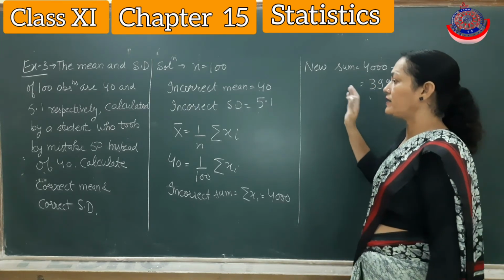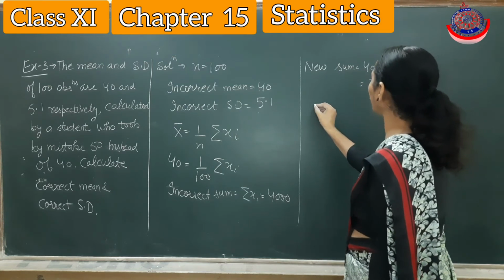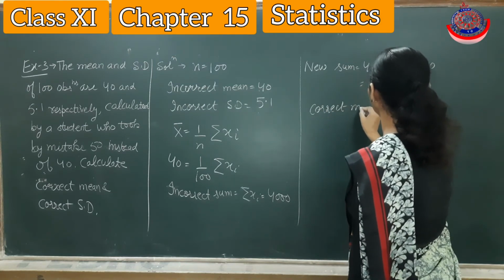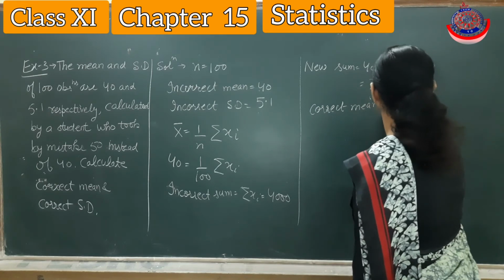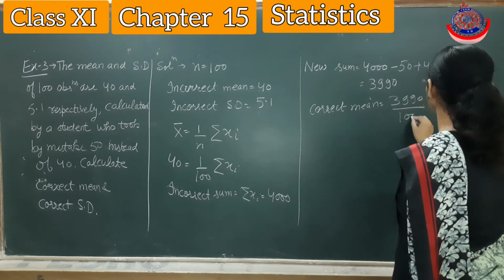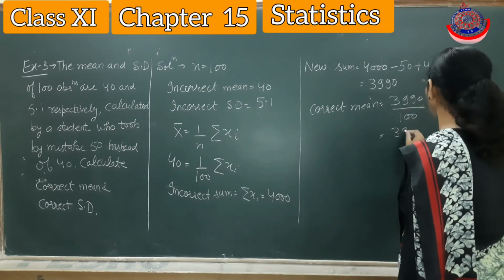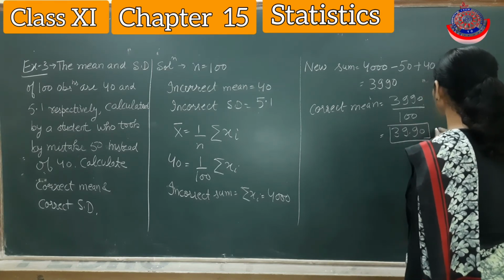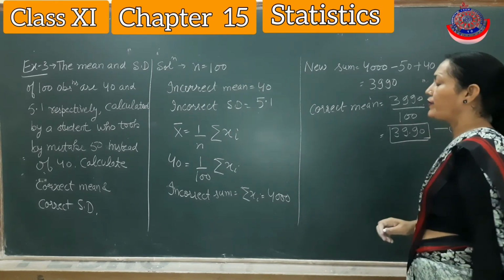So if we have obtained the actual sum, the correct mean will be correct sum upon number of observations. So actual mean has to be 39.90. So this we have calculated as the correct mean.